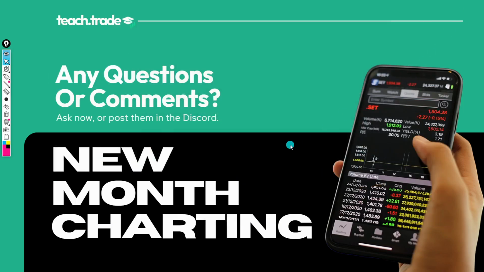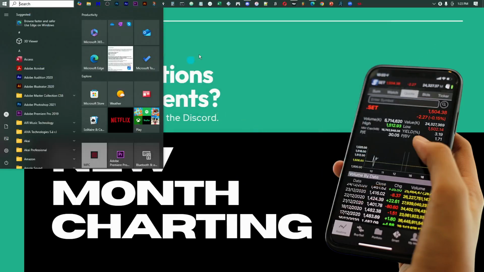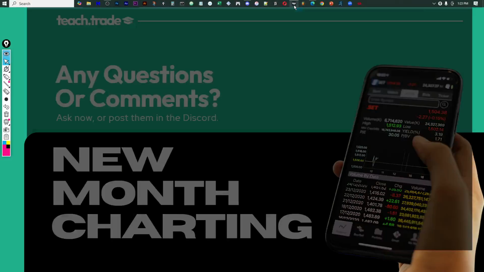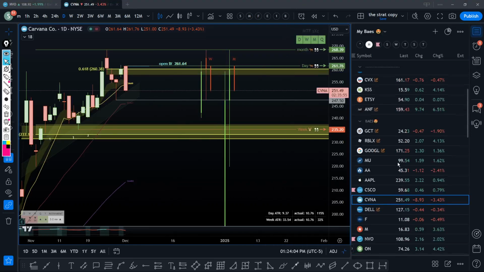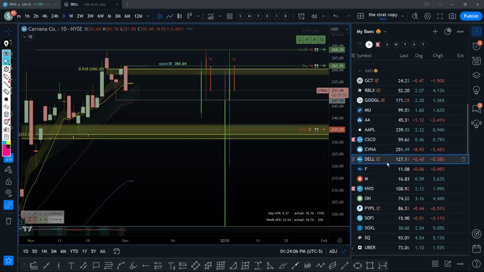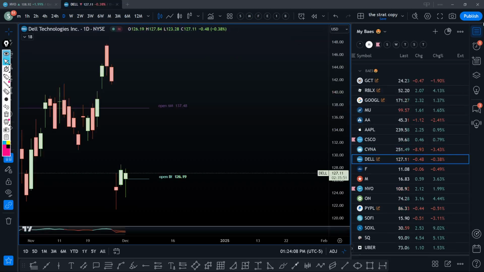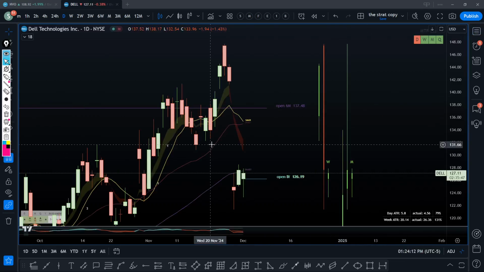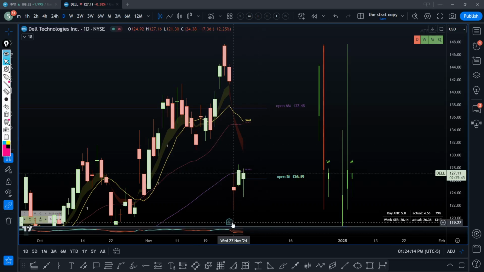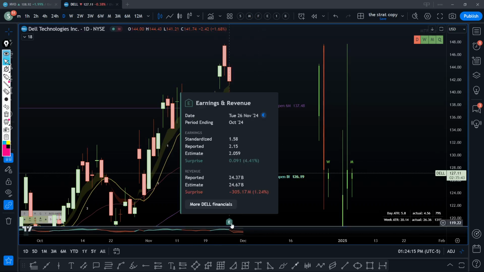Okay, he might have stepped away, but while we are waiting, I think somebody did say Dell and I skipped over it. So Dell definitely has that gap to fill from earnings back to the upside. I think what happened is that they beat, and then something with revenue was not as good as they wanted it to be.